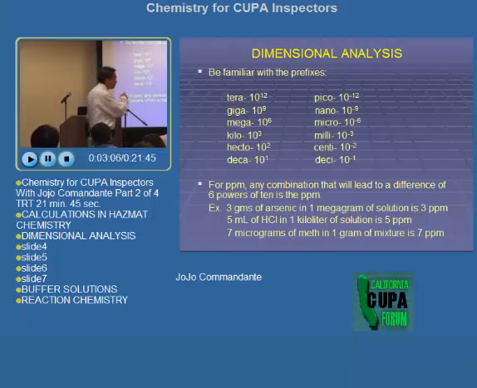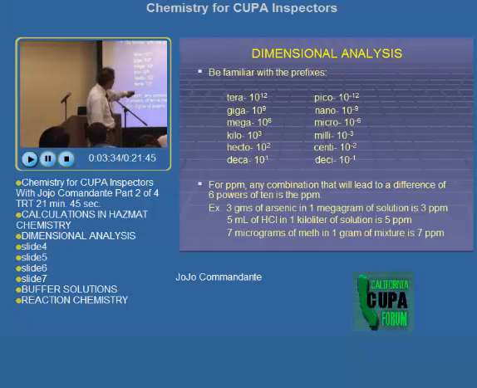For ppm, look, any combination that will lead to a difference of 6 powers of 10 is the ppm, okay? Keep that in mind. We have an example later. Again, any combination that will lead to a difference of 6 powers of 10 is already the ppm. Example, 3 grams of arsenic in 1 megagram of solution is 3 ppm.